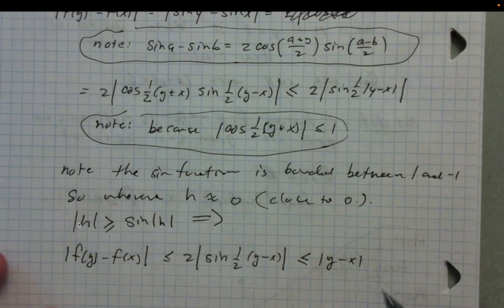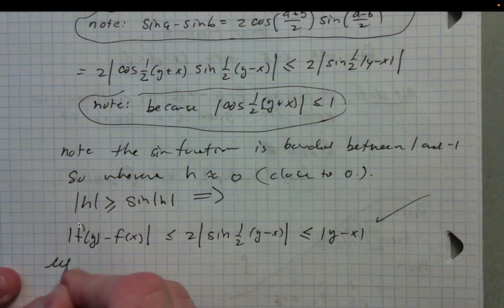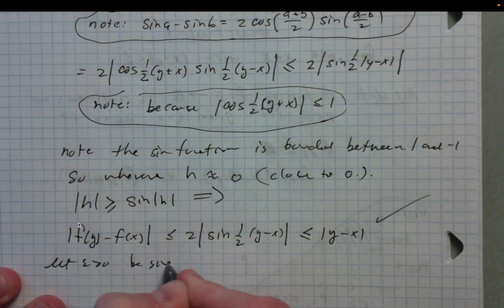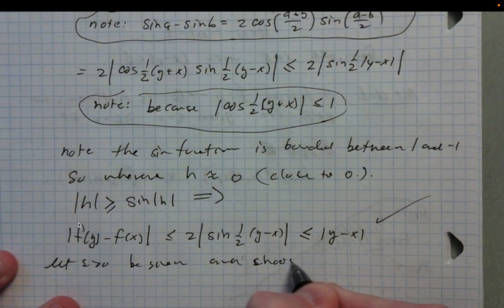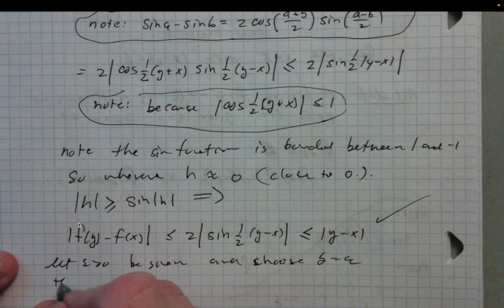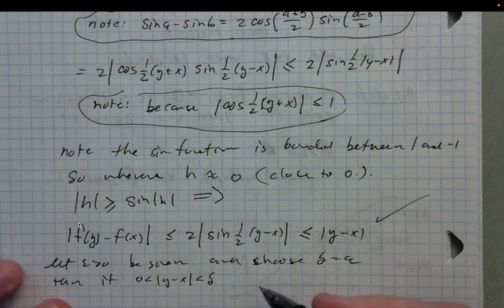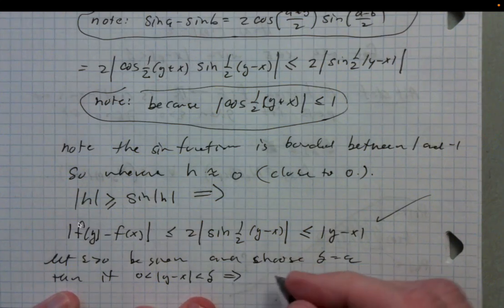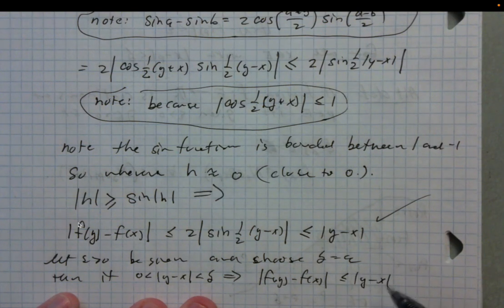Okay? So this is the algebra that you need in the background, right? So let epsilon greater than 0 be given, and we can choose delta equal to epsilon in this case. Then if 0 is less than the absolute value of y minus x, which is less than delta, we have that the absolute value of f of y minus f of x is less than or equal to the absolute value of y minus x, which is less than delta, which is epsilon, right?